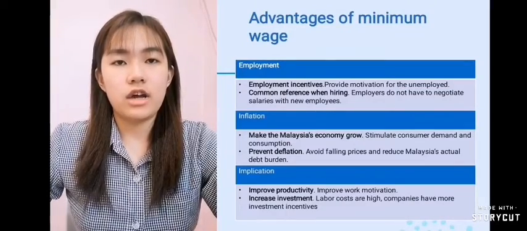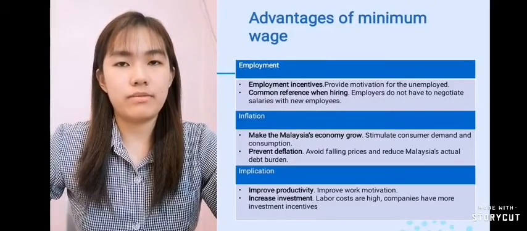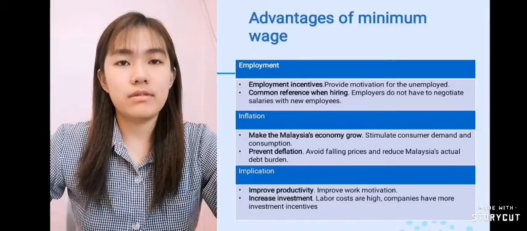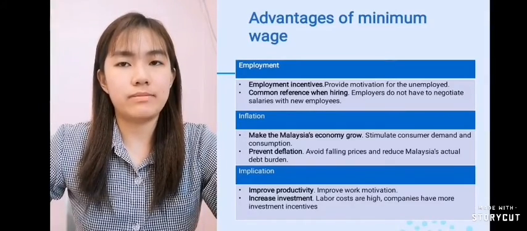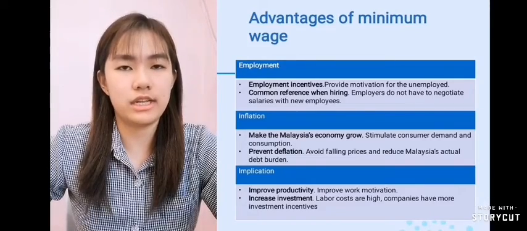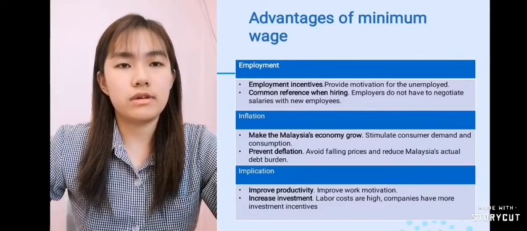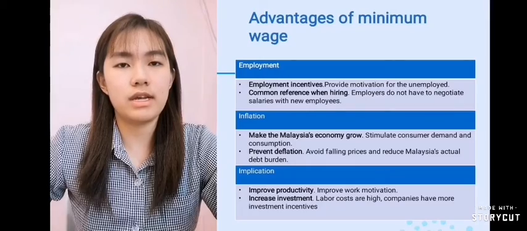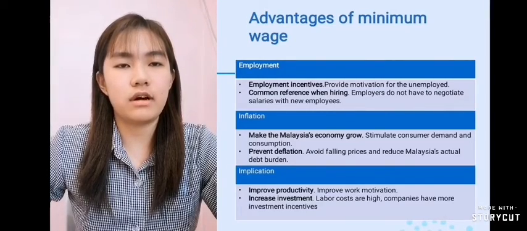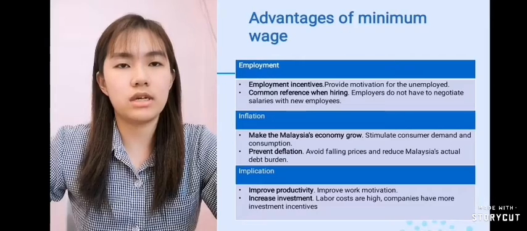The advantage of minimum wage in employment is employment incentive. The minimum wage will provide the unemployed with an incentive to obtain job opportunities, because they will know what the minimum wage will be and can determine the benefit of doing this work.